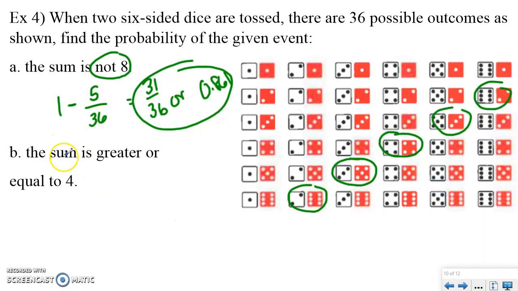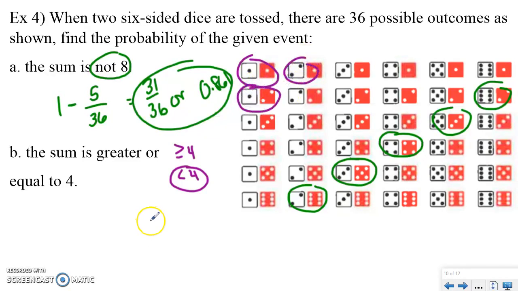Okay, for the second one, the sum is greater or equal to. So they want to know when this is happening. So I really want to check for this to see when it's a little bit easier. So when is our sum less than 4? Okay, notice I said less than, not less than or equal to. So less than 4, there are 3 of those. So 3 out of 36 are less than 4, which means they're not greater than or equal to.